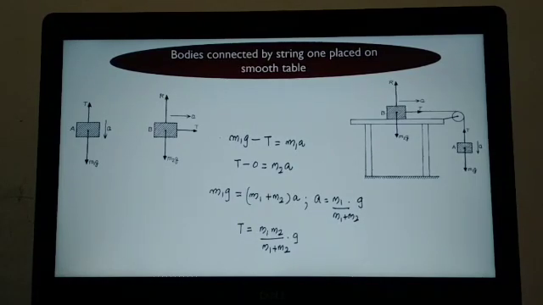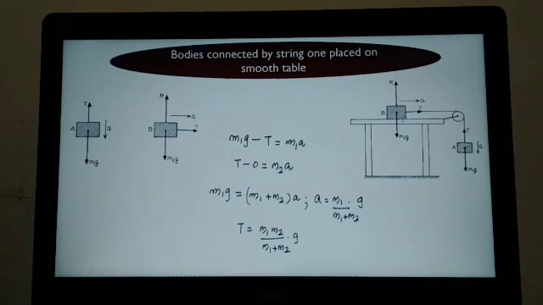Okay, and body m1 is moving down and m2 or the body B is sliding towards the right. So here tension is acting on B in the horizontal direction, on m1, that is the body A, it is acting in the upward direction.